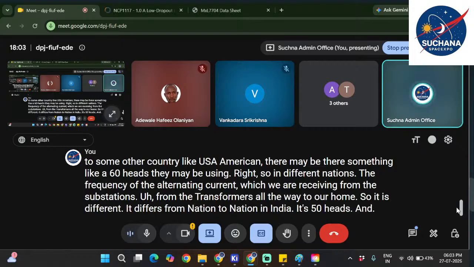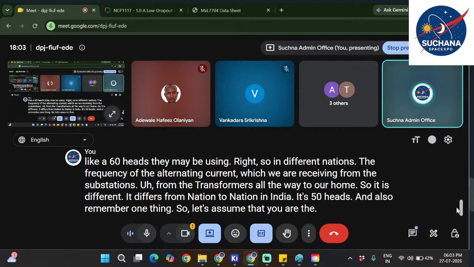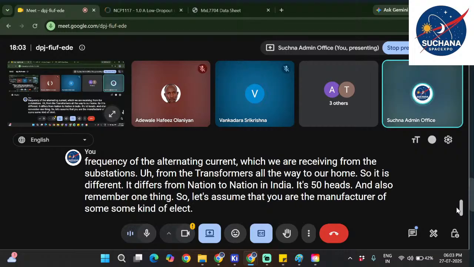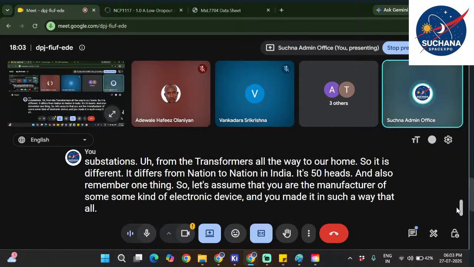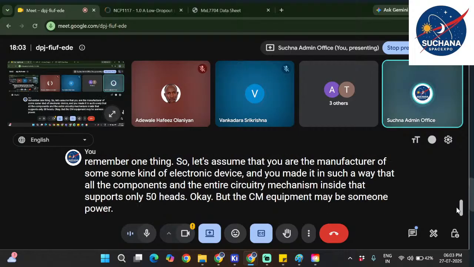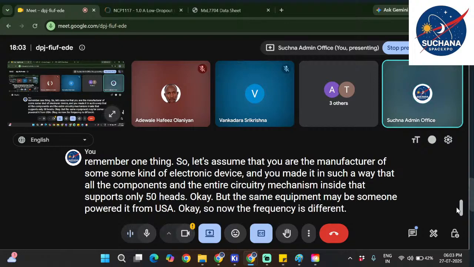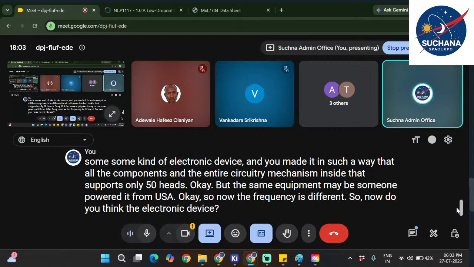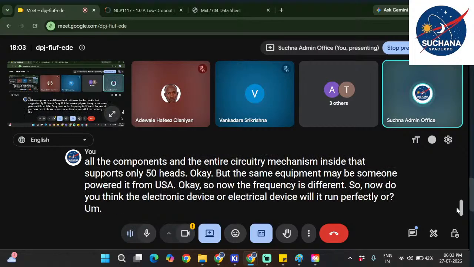Also remember one thing. Let's assume that you are the manufacturer of some electronic device, and you made it in such a way that all the components and the entire circuitry inside support only 50 hertz. But maybe someone powered the same equipment in the USA, so now the frequency is different. Do you think the device will run perfectly, or will it get damaged?